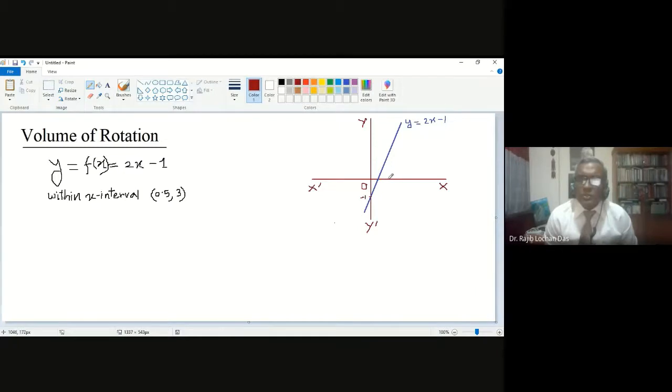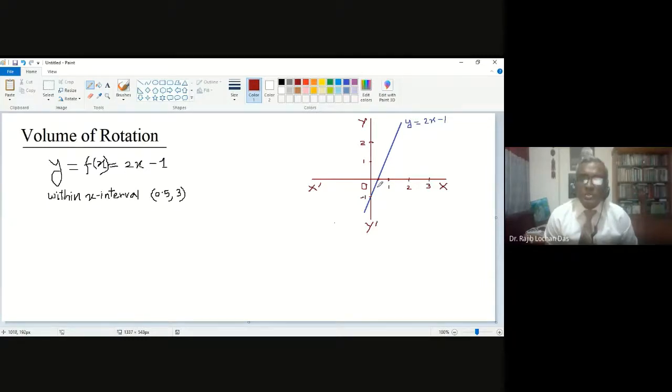Then this one is 1, and this one is 2 on the upper side. And the point where the line crosses the x-axis is actually 0.5, that is half.